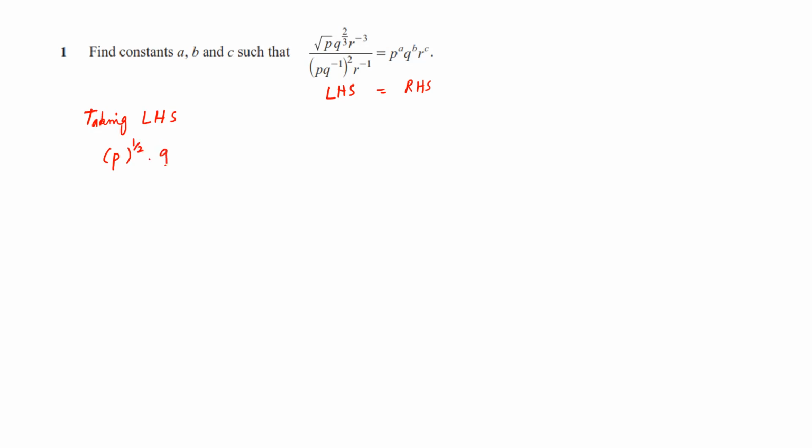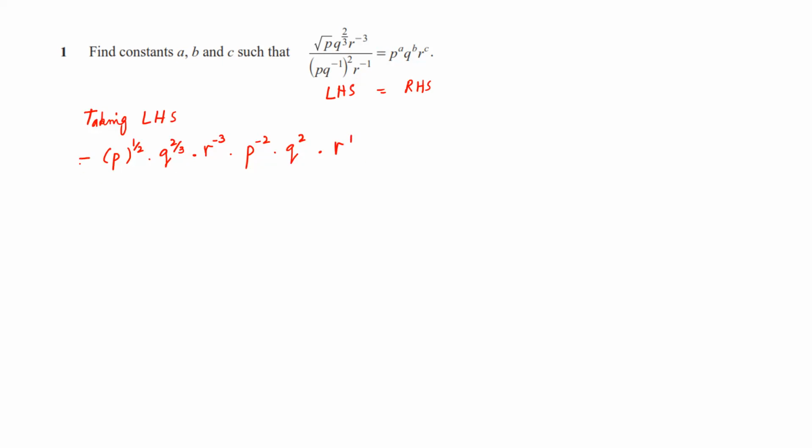Then we have Q power 2 by 3, then R power minus 3. Then P square below goes up and becomes P power minus 2. Q power minus 2 goes up and becomes Q power 2. R power minus 1 goes above the bar and becomes R power 1.